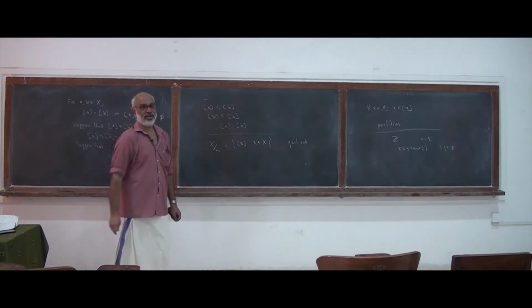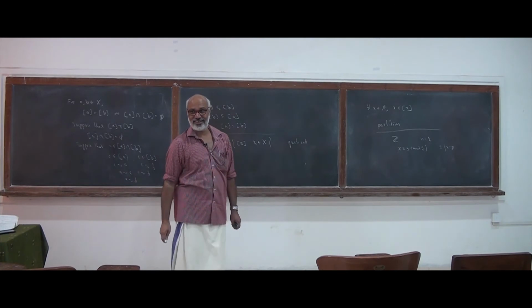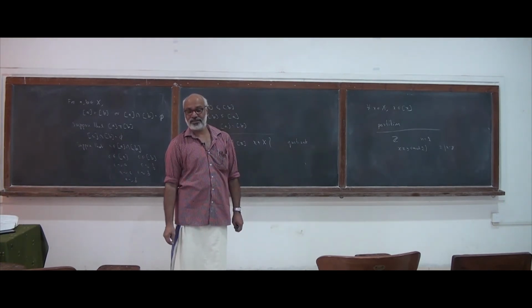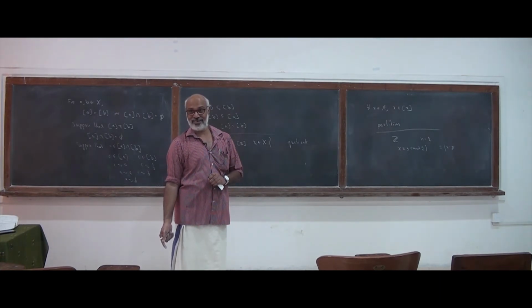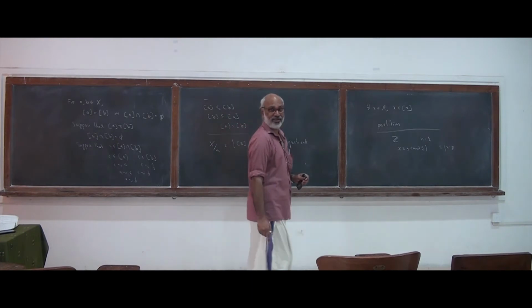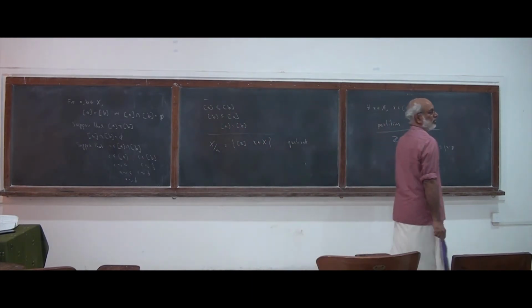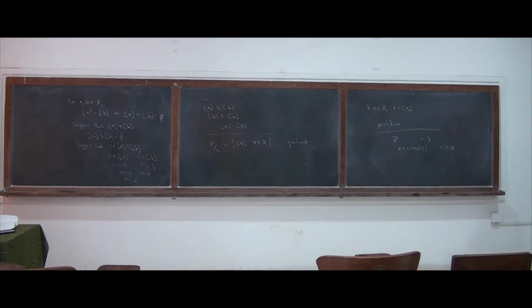So 2 and 3 are not congruent modulo 2, whereas 3 and 5 are congruent, but 3 and 6 are not congruent. 1 and 2 are not congruent. If that is the case, then how many equivalence classes will be there?